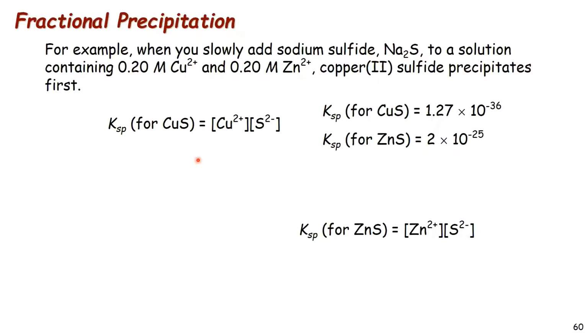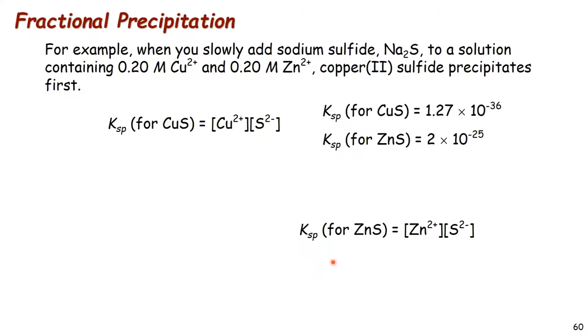Well, I take that back. Let's say that we want to add a given molarity of the sodium sulfide so that we precipitate out the copper, but we don't precipitate out any of the zinc. So what I need to know is, what concentration of sulfide can I add that won't precipitate out the zinc?